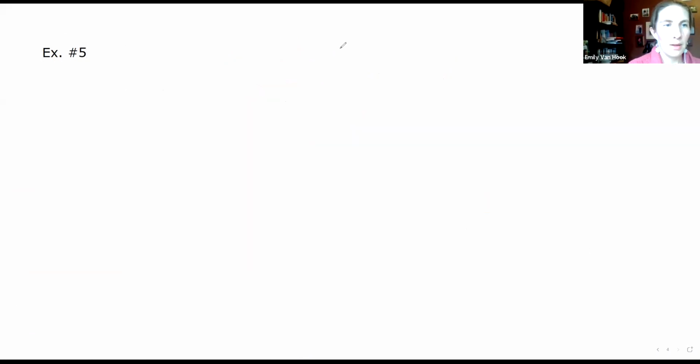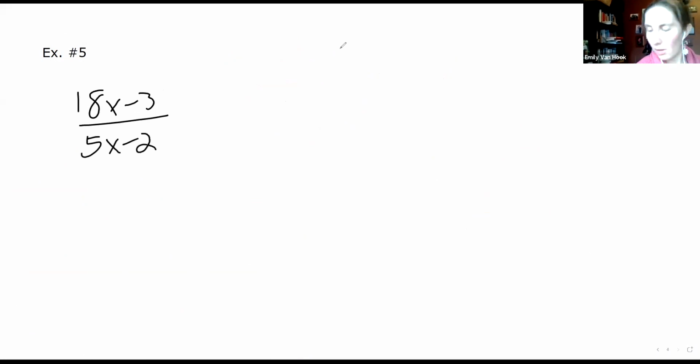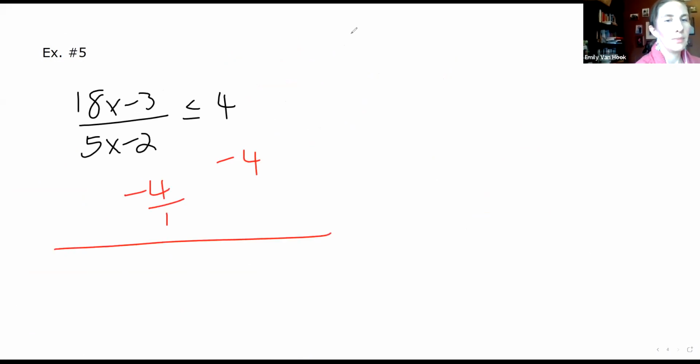Okay. So (18x minus 3) over (5x minus 2) less than or equal to 4. First things first, we need to get this equal to 0, so we need to subtract 4 on both sides.